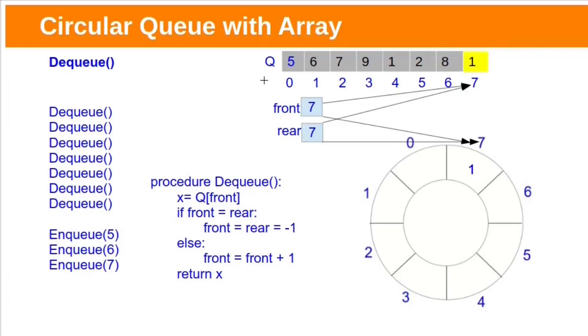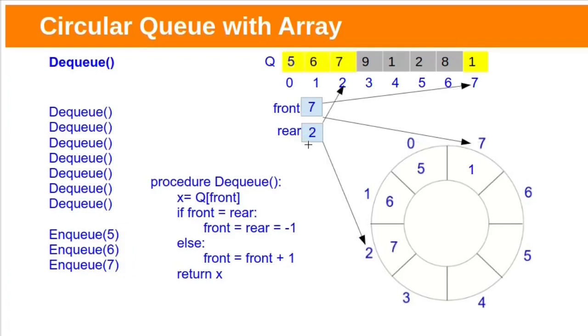Let's consider another case. Suppose we perform 3 NQ operations on a queue like this. Here front and rear are at the same index. After performing these 3 NQ operations, rear would be at index 2. If the queue is like this and we want to perform one more DQ operation, front and rear are not equal, so this increment for front will not work for this circular queue, because if we increment front it would be 8, but there is no index 8 in our circular queue.